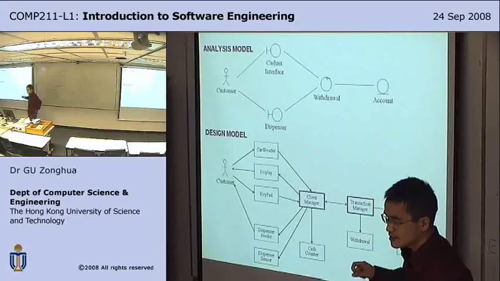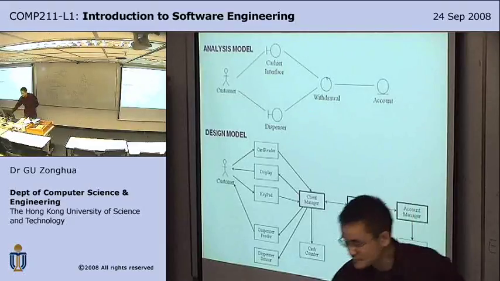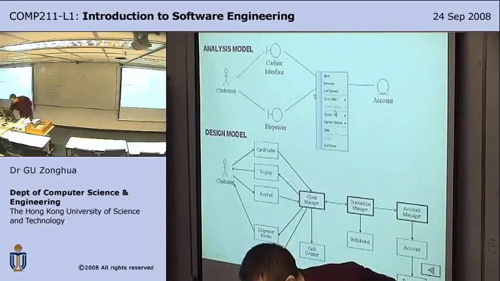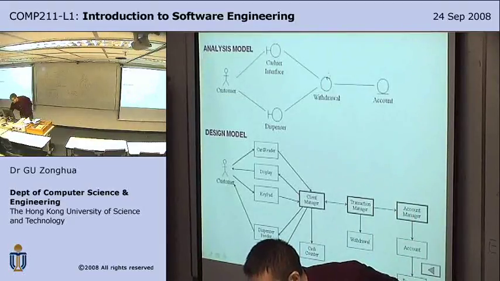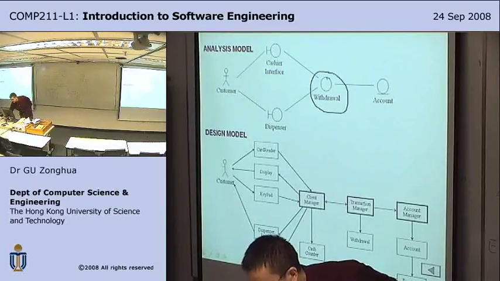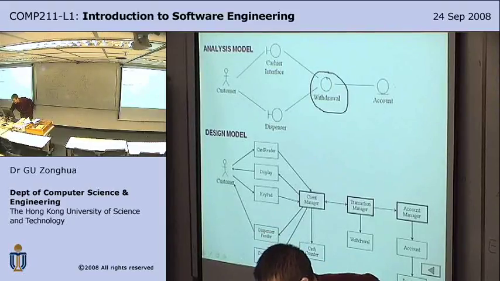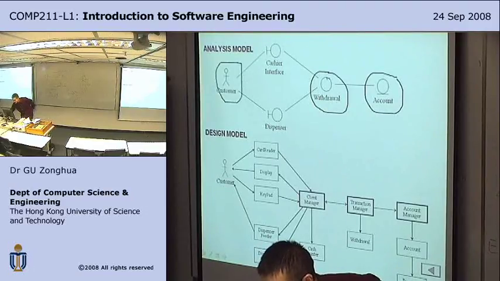And withdrawal is an intermediate layer, and account is the database layer. So this is the classic 3-tier architecture, where perhaps customer is here, interacts with the ATM machine user interface, goes through, perhaps this is the web server or this is the database server.